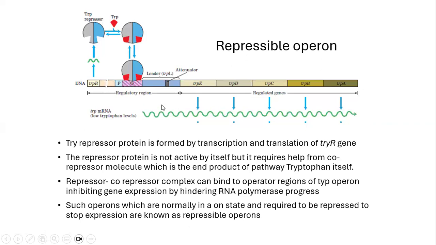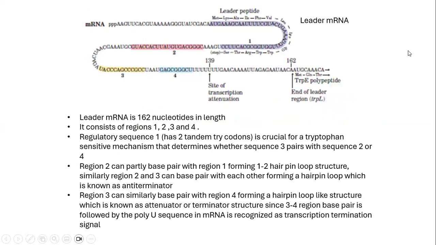Such operons which are normally in an on state, that is the expression will take place, however, it requires a repressor molecule to stop the expression, are known as repressible operons.